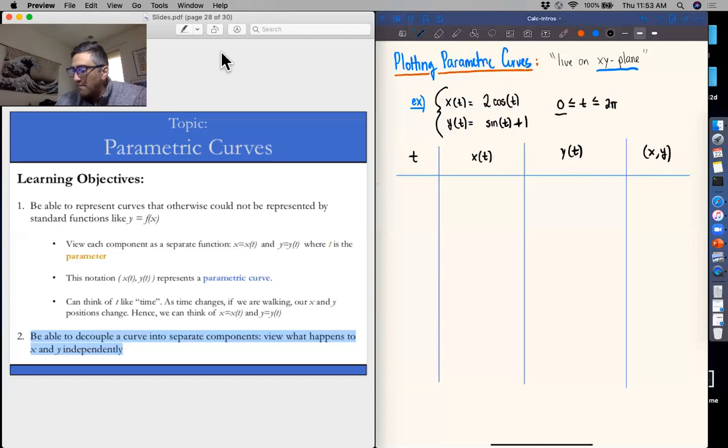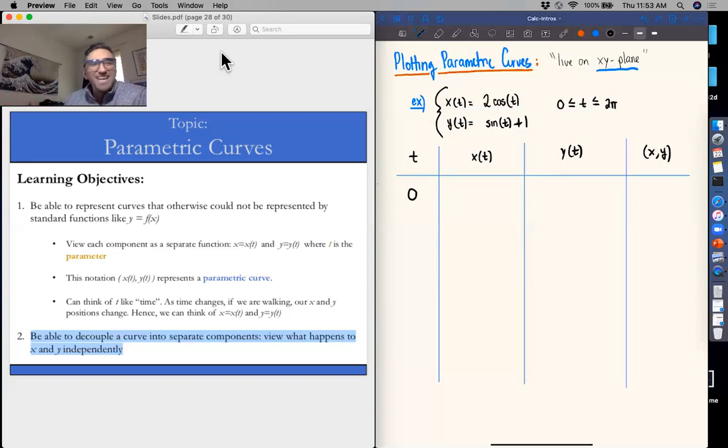And since we want to plot between 0 and 2 pi for this particular example, we want to break that interval 0 to 2 pi up into somewhat many points, maybe on the order of 10-ish points or so. So we can start off with t values, and let's break this up from 0 to 2 pi in steps of pi over 4.